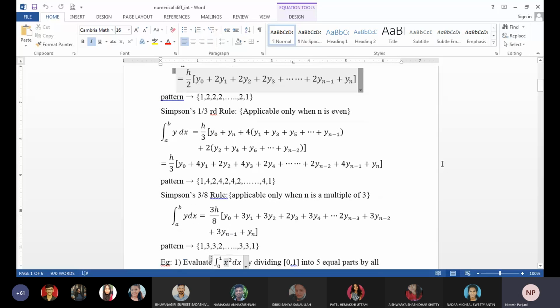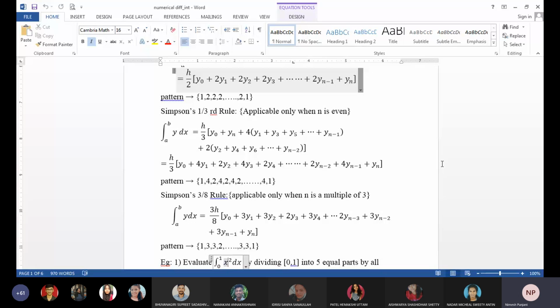That means the pattern here is 1, 3, 3, 2 and lastly it will be 3, 3, 1. This is the pattern of the coefficients for your Simpson's 3 by 8.